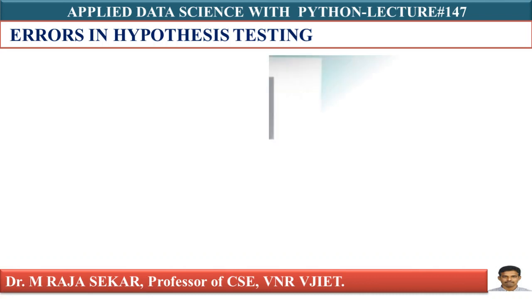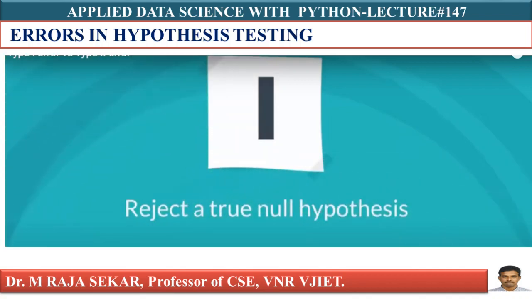Type 1 error. Type 1 error is when you reject a true null hypothesis and is the more serious error. It is also called false positive error. This point is very important: rejecting a true null hypothesis.